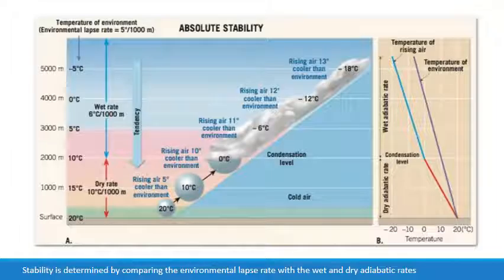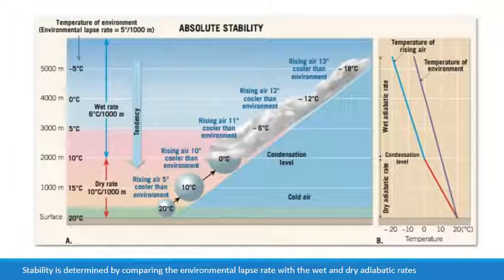If we state absolute stability in a quantitative way, this condition prevails when the environmental lapse rate is less than the wet adiabatic rate. So the figure we're seeing here depicts the situation using that environmental lapse rate of 5 degrees C and a wet rate of 6 degrees C. So notice that at 1,000 meters, the temperature of the rising parcel is 5 degrees cooler than its environment, which makes it denser.